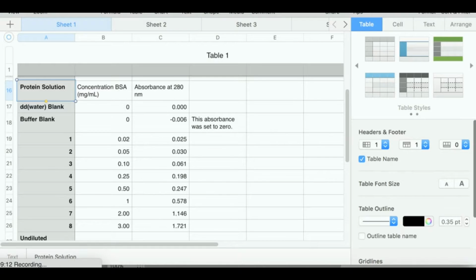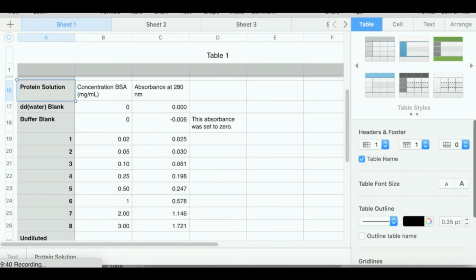Then what I'm also going to do, and I'll show you this, is use DD water. That's also called doubly distilled water. You can use milli-Q water, that's another thing you can use. This is a blank. The reason you use a blank is because sometimes you think you're only putting in your sample, but other things can go into the cuvette.